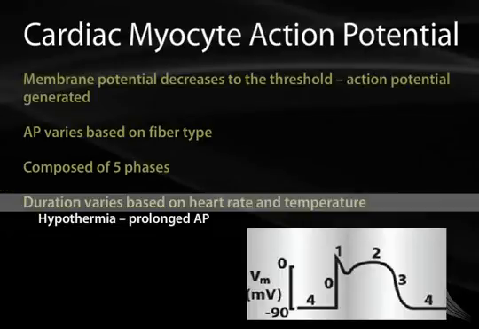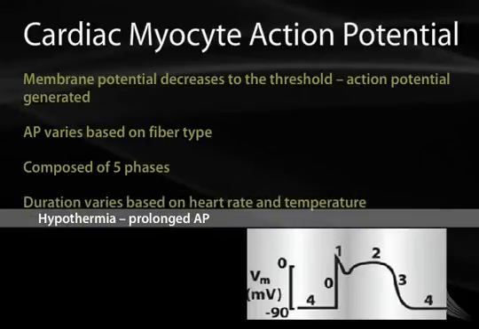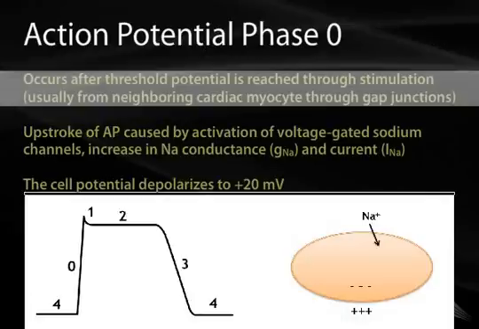The duration of the action potential varies based on the heart rate and the temperature. For example, hypothermia can prolong the action potential. Phase 0 of the action potential occurs just after threshold potential is reached, again usually from a neighboring cardiac myocyte through a gap junction.